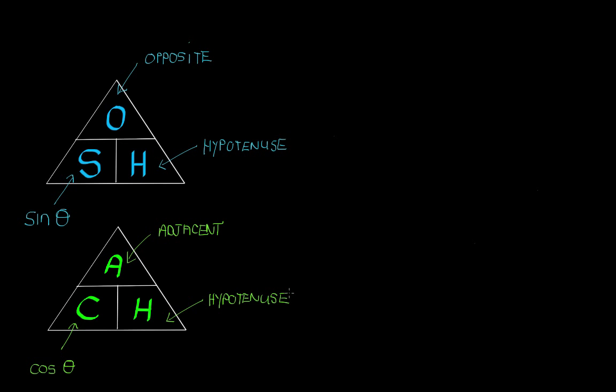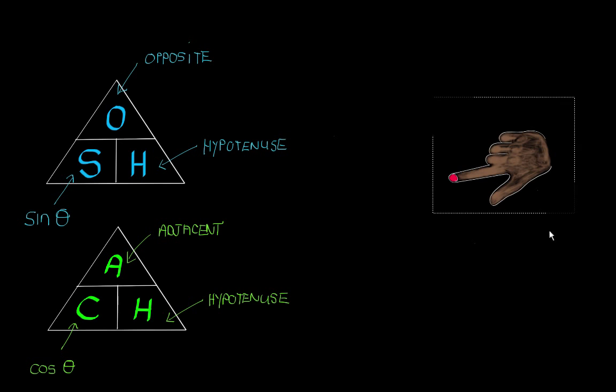Okay, so these are what we call magic triangles, and the way they work is that we can use them like this. If we wanted to find the opposite side of a triangle, we'll talk about the SOH triangle first.